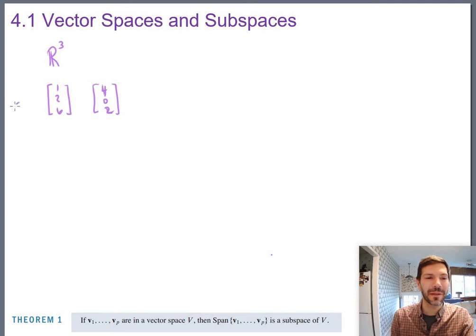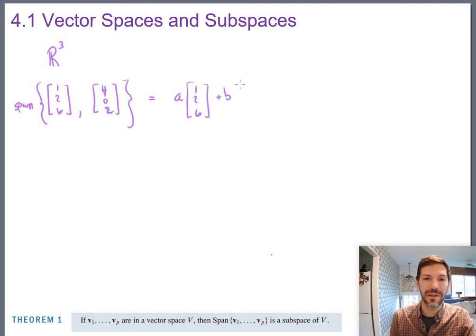But think about span. When you talk about the span of two vectors, it means all possible linear combinations. So that means any constant times 1, 2, 6 plus any constant times 4, 0, 2.